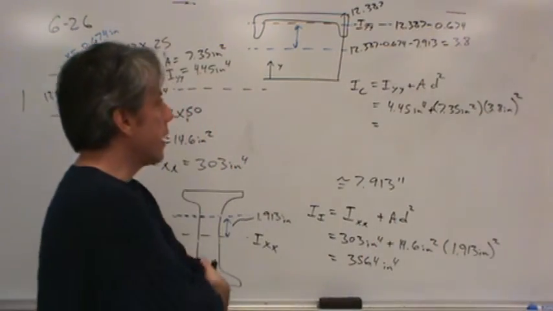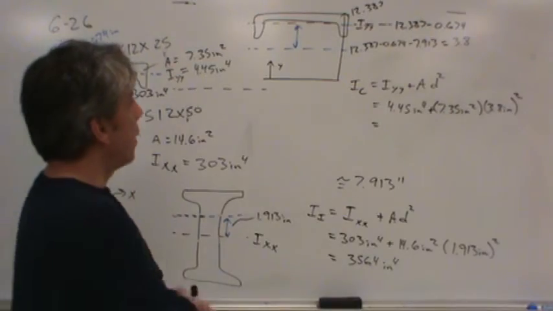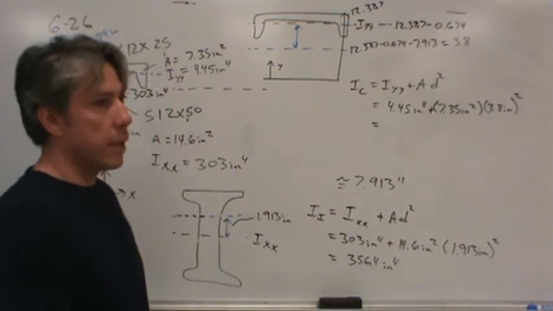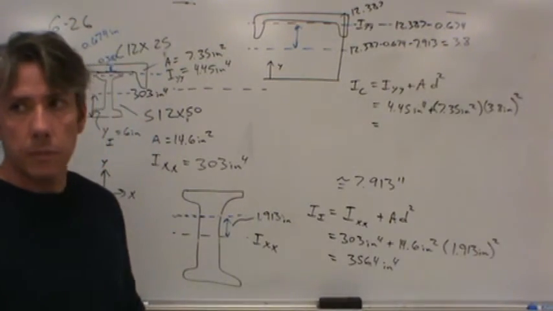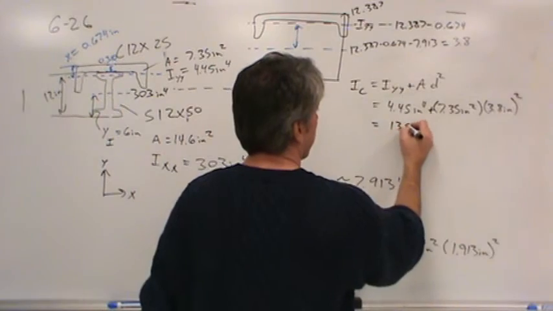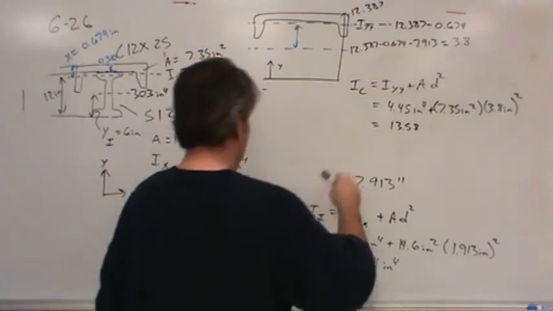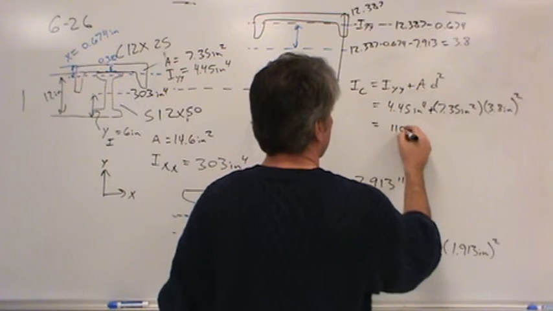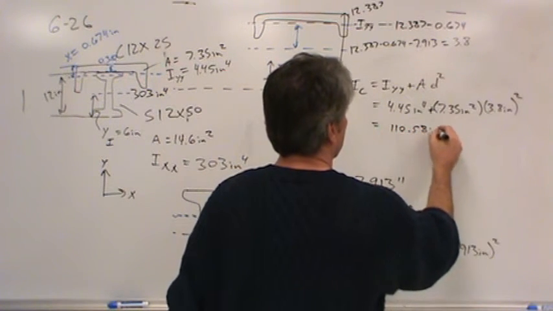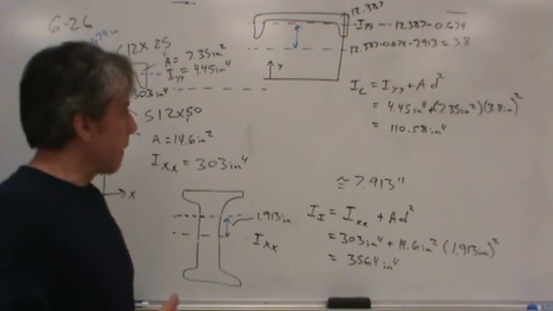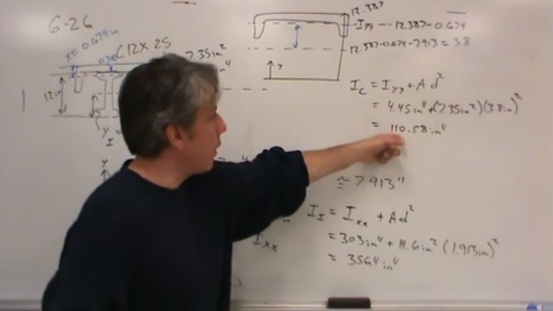So now calculate the area moment of inertia of the C channel about this new centroid. What do we get? 110.5. 110.58, thanks. Anyone second that? Okay. Why was there so much change?